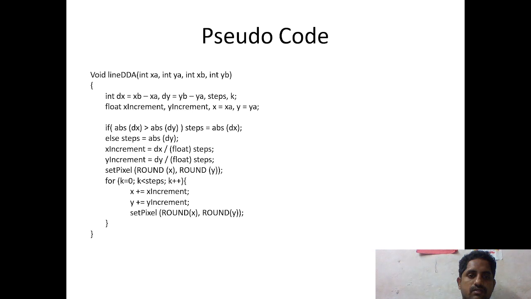Then x increment equals dx by float of steps, and y increment equals dy by float of steps. Set pixel round of x, round of y. For k equal to 0, k less than steps, k plus plus, x plus equals x increment and y plus equals y increment. Set pixel of round of x, round of y.